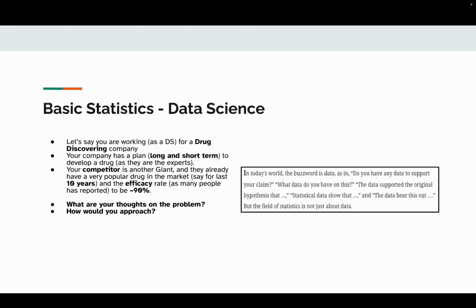So at each step of your way, starting from developing a very accurate drug that is way better than what exists in the market, and also in your way of experimentation, you have to clearly explain to people that this really works. Think about it: we are going to compete with a drug that is already in people's belief. Even if it is working at 90% accuracy, people have trust in that drug.